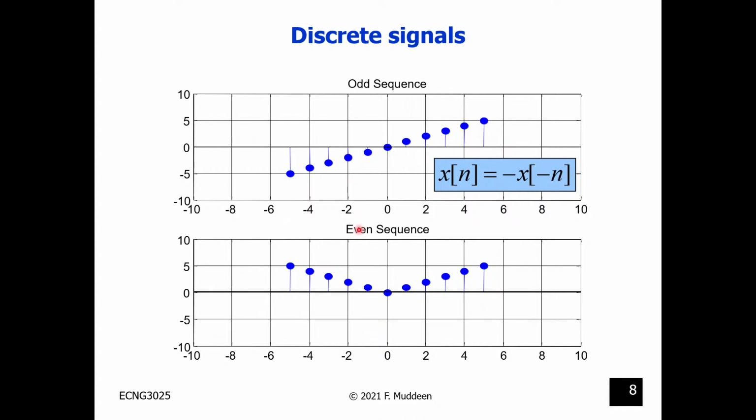So if we watch our x of n signal, which is as is, and we flip it vertically, meaning we invert it, and then reverse it, by which I mean flipping it horizontally, and we get back the same sequence, we say that this signal exhibits odd properties.